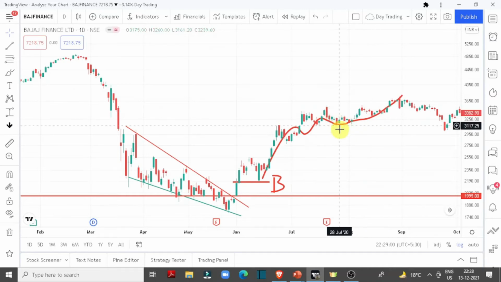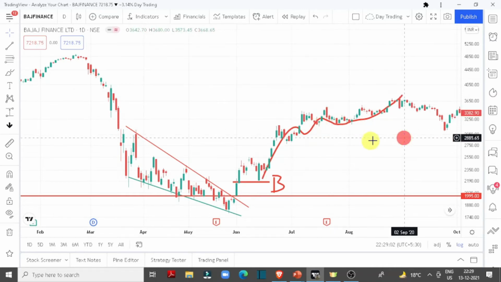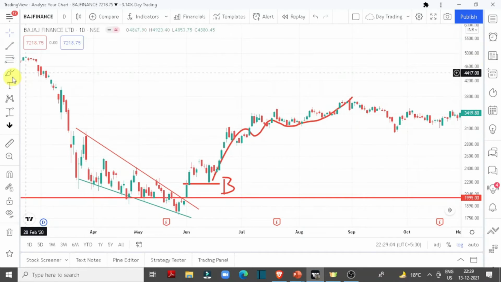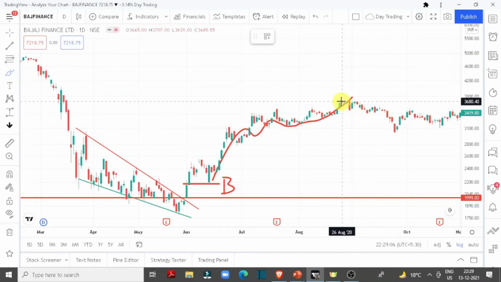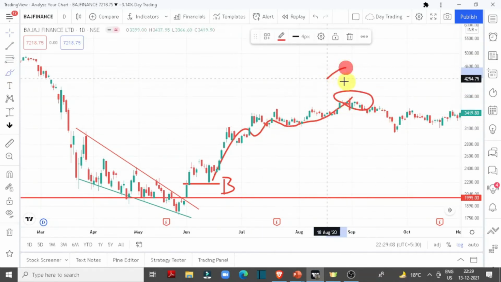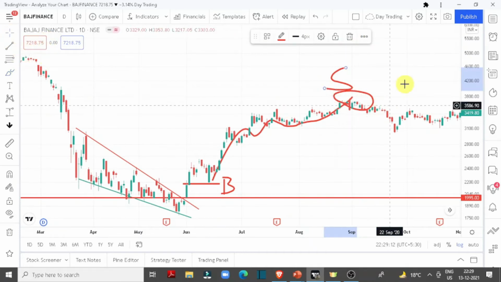If we exit too early, then maybe the stock would go up. Let's say I exit at this point, which in my opinion is a top level.